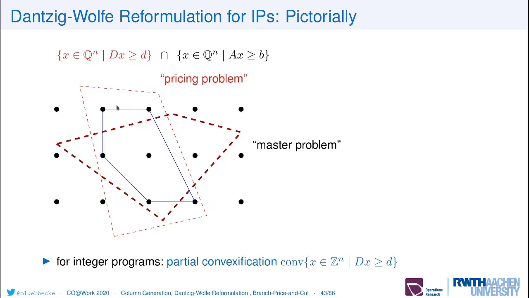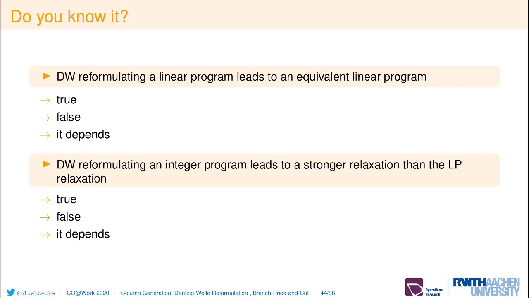The polyhedron that is reformulated is the convex hull of all the integer points which are feasible for that subsystem of constraints Dx greater than or equal to d here. Then I have this convex hull, and intersecting that with the remaining constraints gives me a much tighter relaxation. This is why we are interested in this reformulation for integer programs, because it gives me potentially a tighter reformulation.